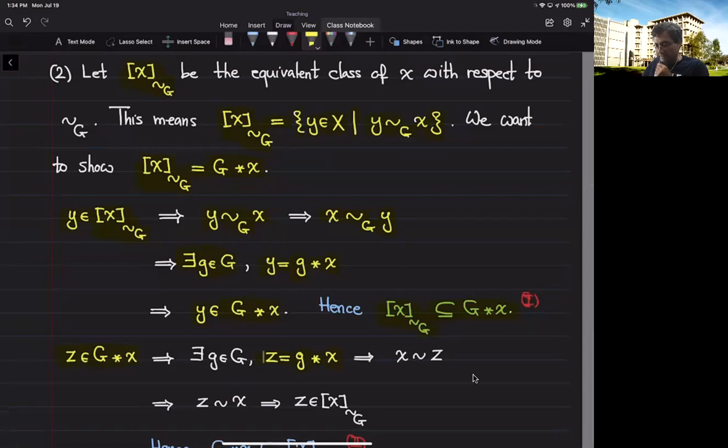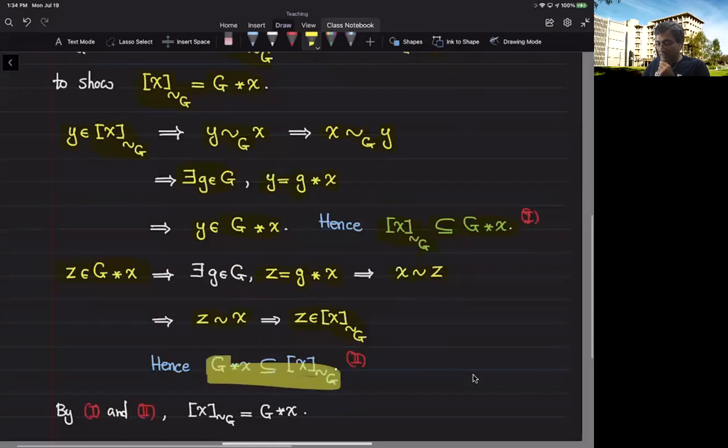This means Z is G-similar to X. This G-similarity is a symmetric relation, so X is also G-similar to Z, and therefore Z is in relation to X. We get this inclusion, and therefore the G-orbit of X is a subset of the equivalence class of X. These two together imply the equality of the sets that we were looking for. Therefore, every G-orbit is in fact the equivalence class of the point X.